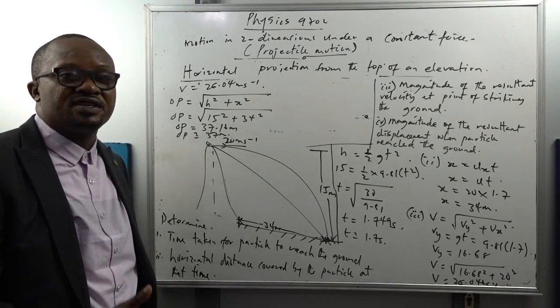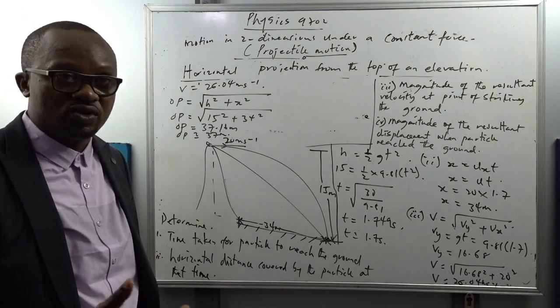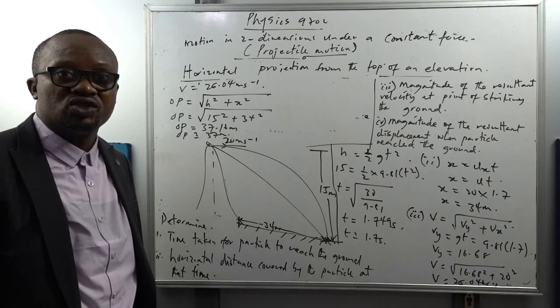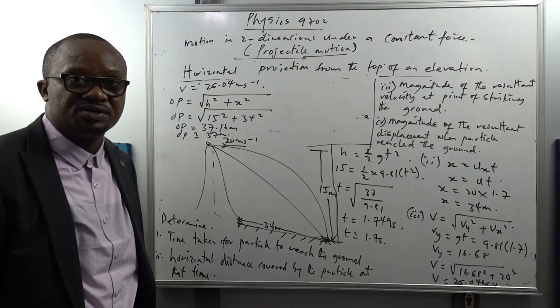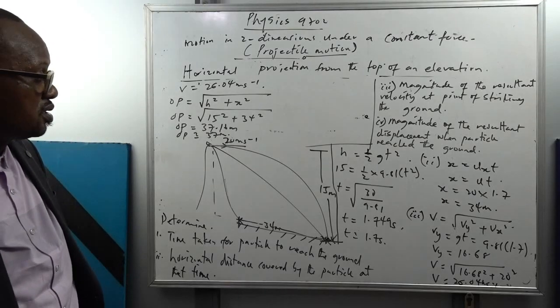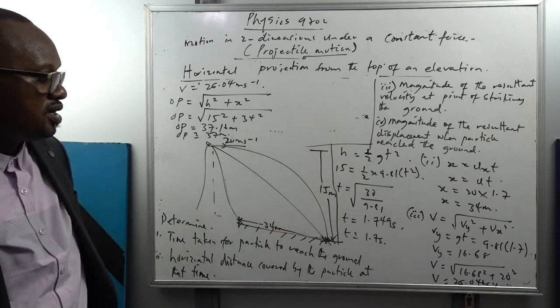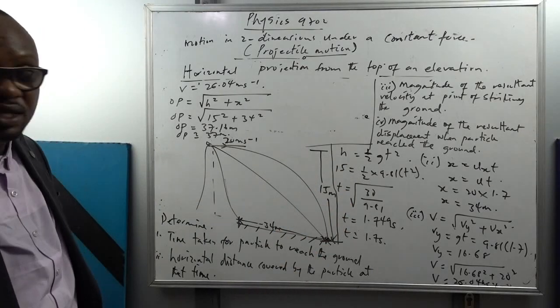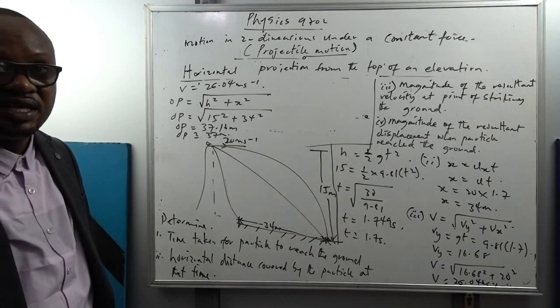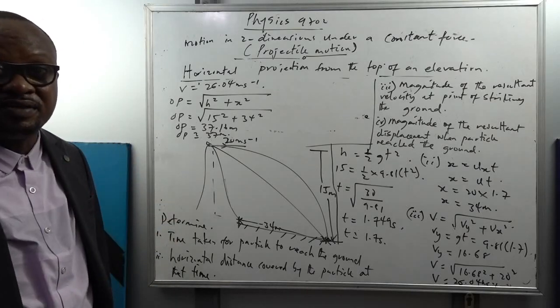So we have described the graphical illustrations of motion, we have also described motion using equations, and we have also looked at motion in 2 dimensions. So basically we have defined all these things before, and the reason why the equations are like that. The only thing we just did there is to use these questions to describe the problem.